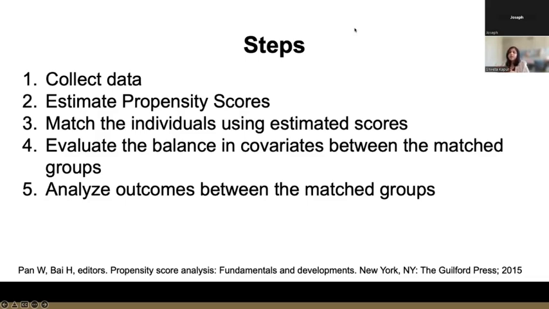And the last step, finally, would be to analyze the outcomes between the two groups that we have achieved via propensity score matching and that we have evaluated using other statistical methods to be completely balanced.